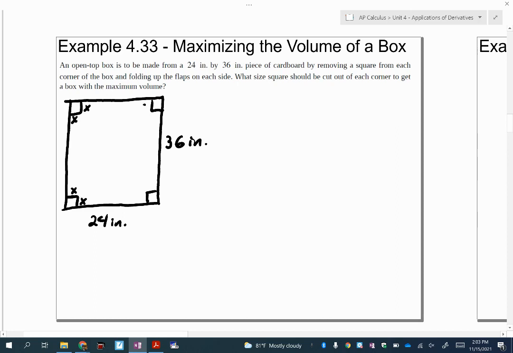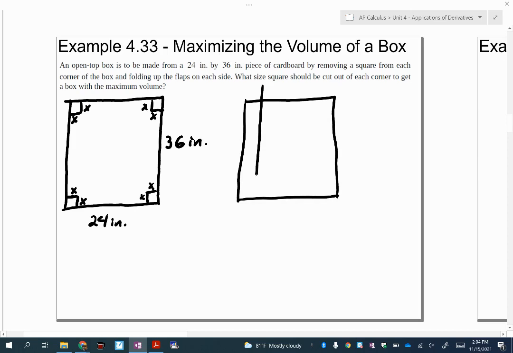Their side lengths will be the same. Again, it doesn't need to be a great drawing, but the idea is that we're going to have a box that's being cut out here.